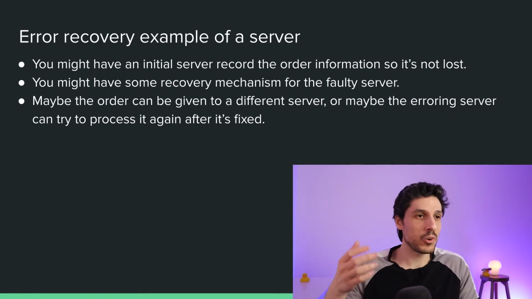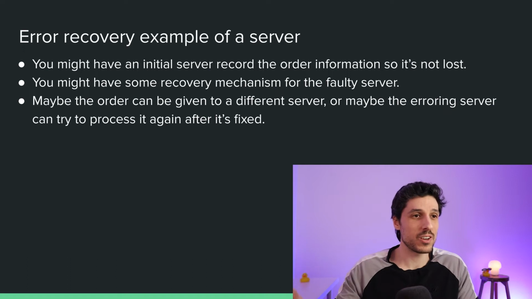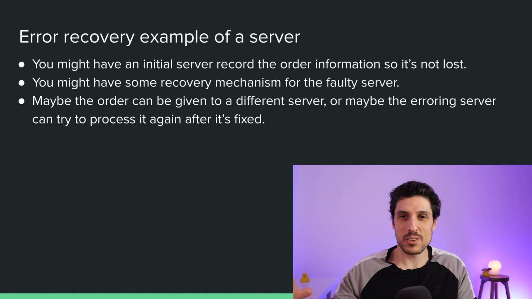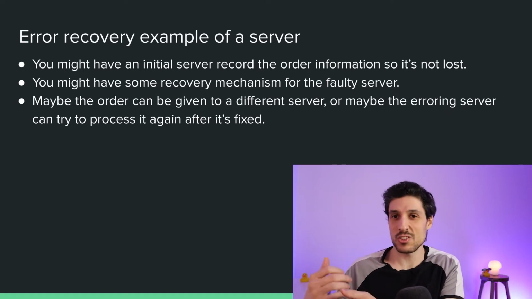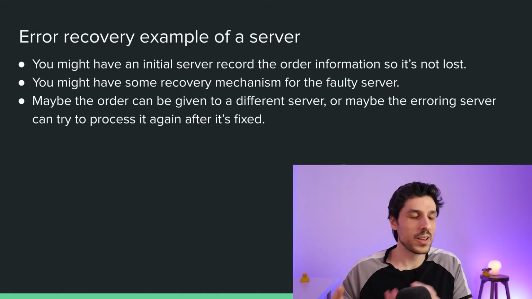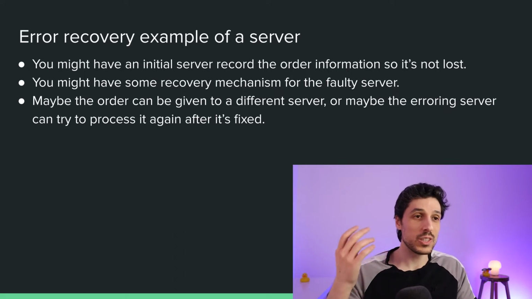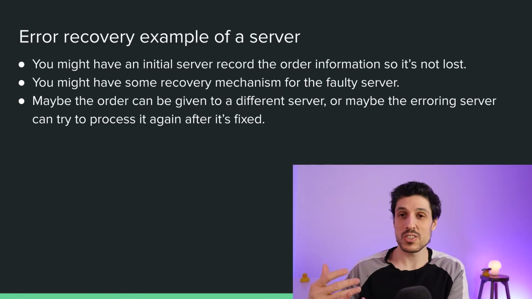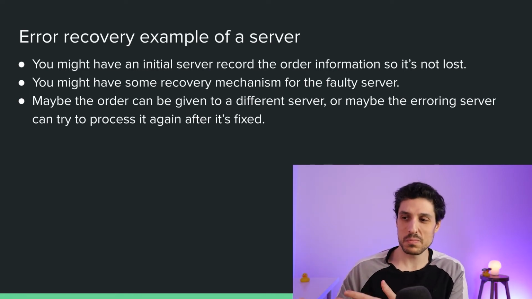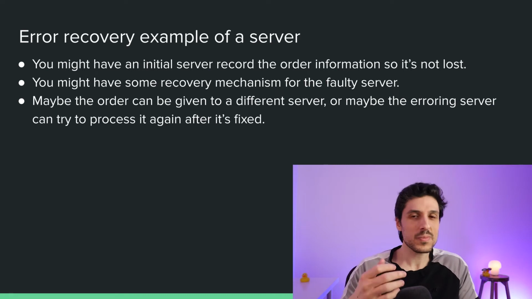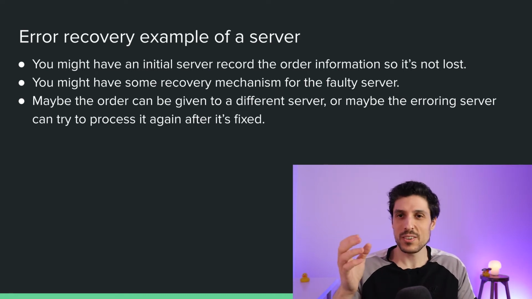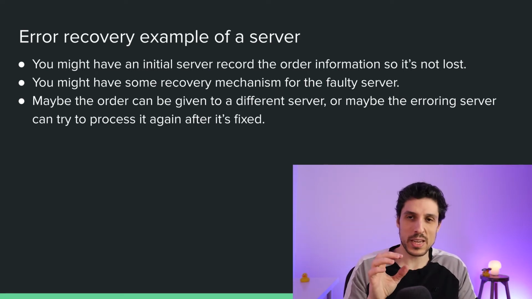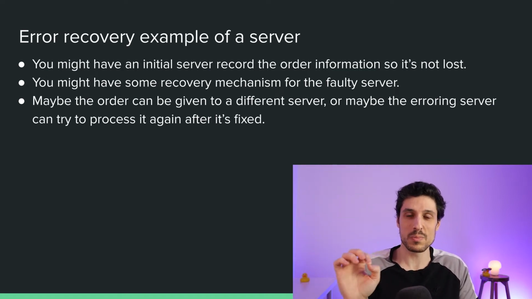And then you might have some recovery mechanism for the faulty server itself. For example, some other process may restart it, or maybe the server may try to fix itself, like fix its own state internally and things like that. And then finally, the order can be given to a different server, or maybe the erroring server itself can try to process the order again after it's been recovered, right? So the point here is that the recovery mechanism may touch a lot of your code. It may even be part of your architecture, right?